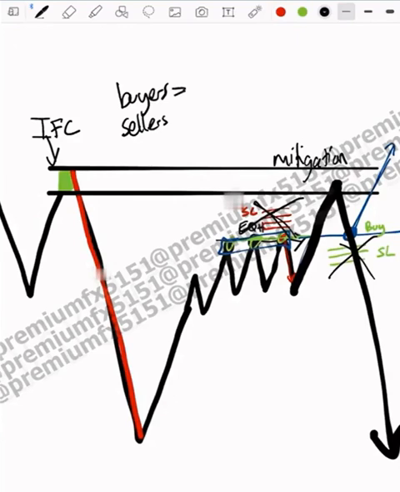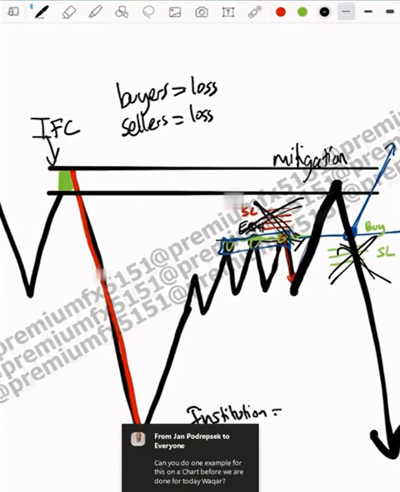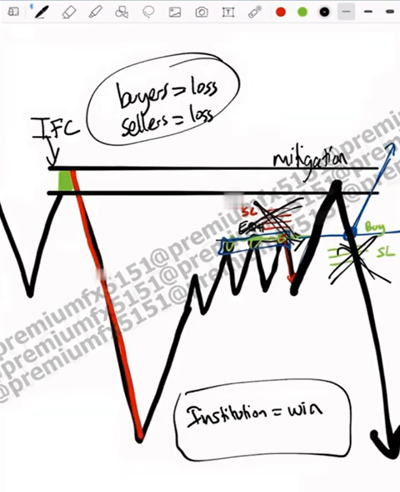In this situation, the buyers took a loss. The sellers took a loss. So everybody's losing. Who's winning? The only person that won was the institution. So retail traders and people who are not informed will take a loss. Institutions and people who are creating this take a win.